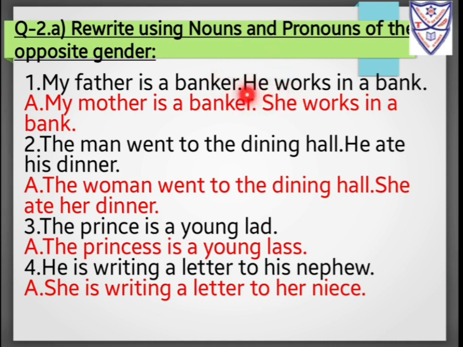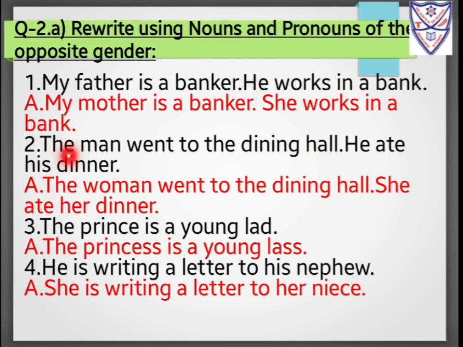So we will change this pronoun to the opposite form, that will be she. She we are using again for feminine gender, and it is a pronoun. So the answer will become, my mother is a banker. She works in a bank. So instead of father, we will use mother, which is the opposite form of father, and instead of he, we will use she, which is the opposite form of he.